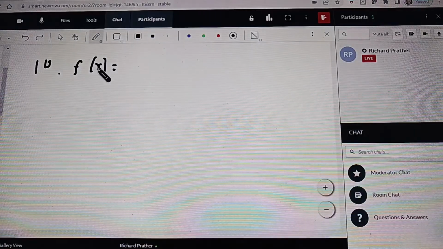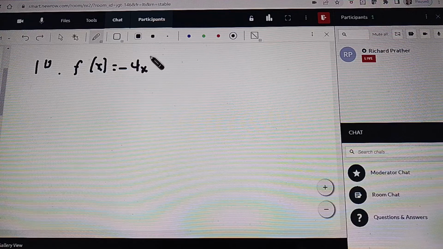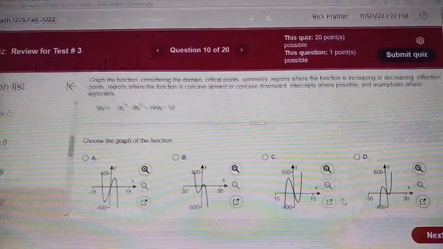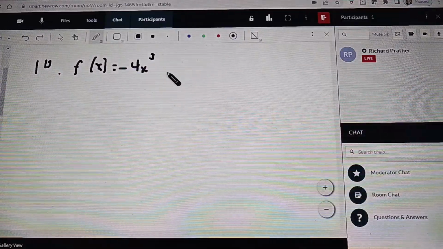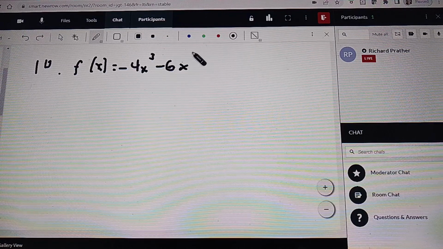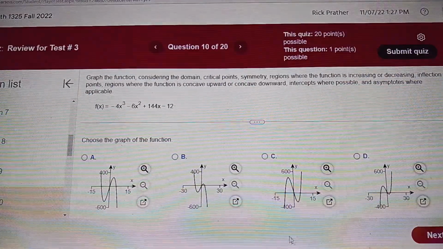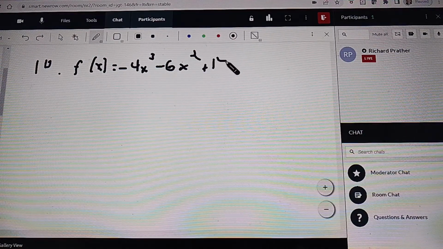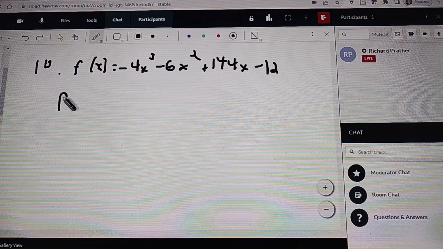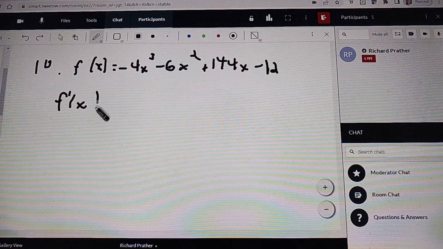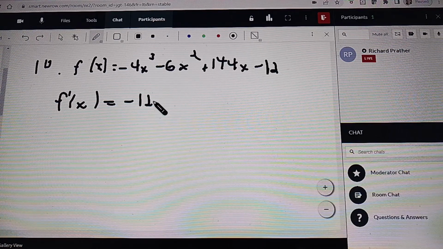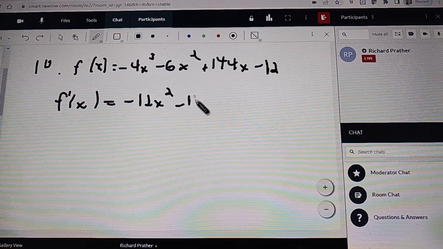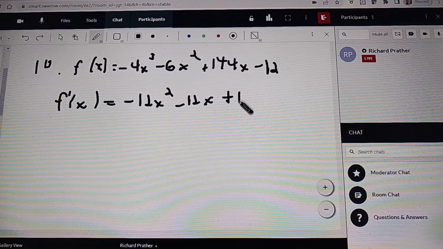Negative 4x to the third minus 6x squared plus 144x minus 12. So the first derivative is negative 12x squared minus 12x plus 144.